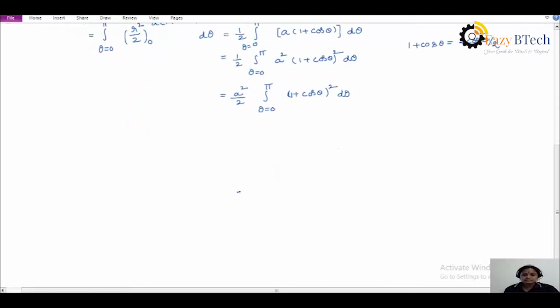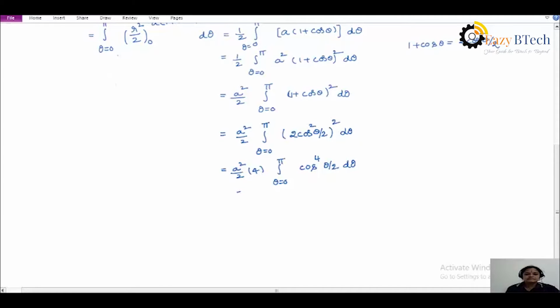So a square by 2 integral theta 0 to pi, then 1 plus cos theta is 2 cos square theta by 2 and whole square into d theta. Then a square by 2, and here 2 square is 4, so 4 is common, and integral 0 to pi, then cos power 4 theta by 2 d theta.